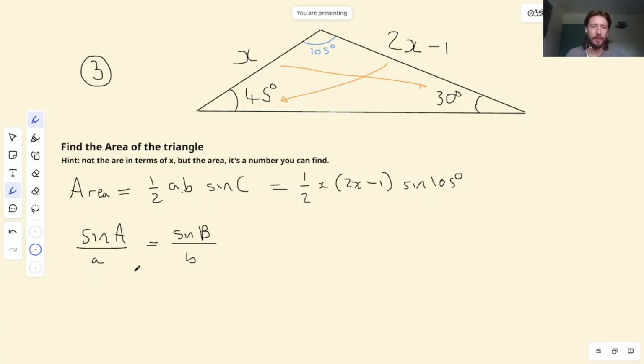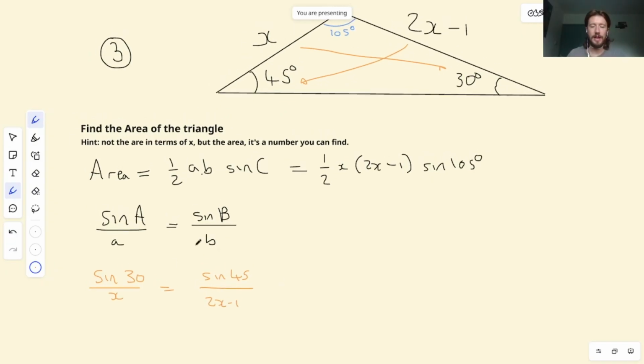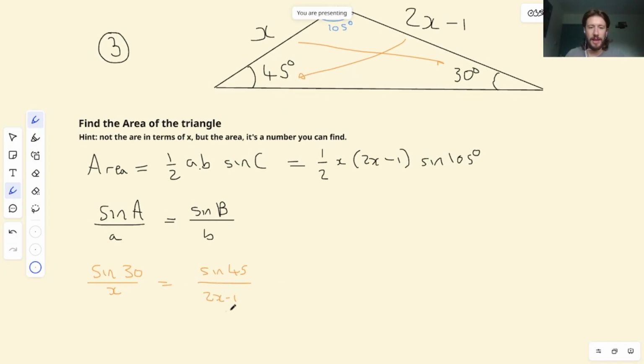And so what we will get, sine of 30 over x is equal to sine of 45 over 2x minus 1. Now, this is an equation, and x is our only unknown, so we can find x. And I can leave it to you as a challenge. You don't need a calculator either, because these are exact angles that you should try and remember. So feel free to pause here and try and find x.